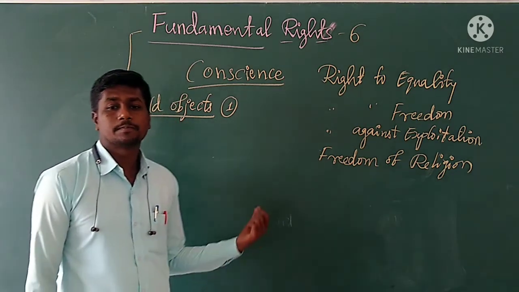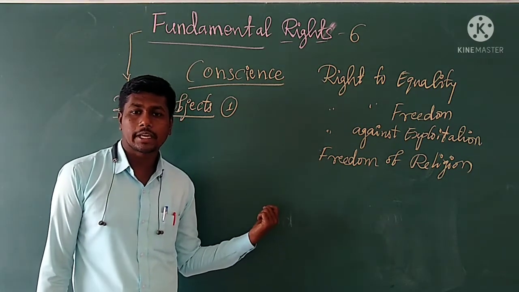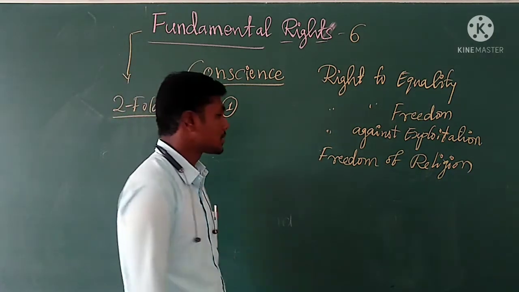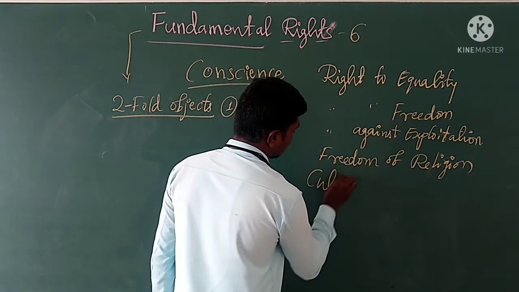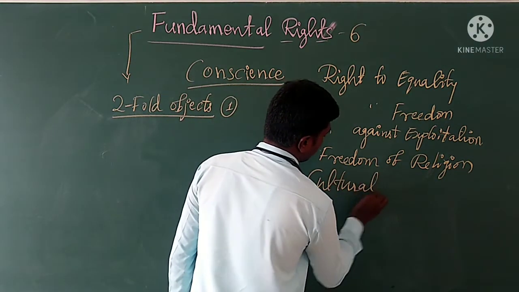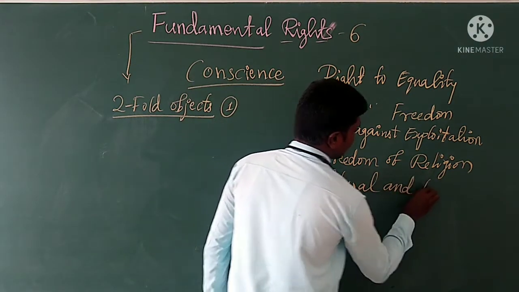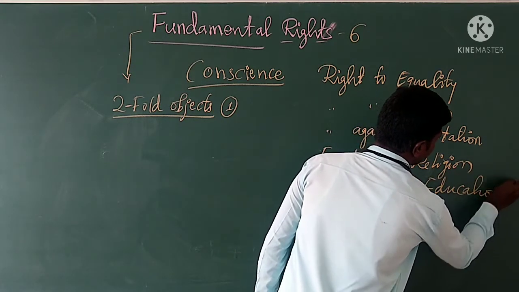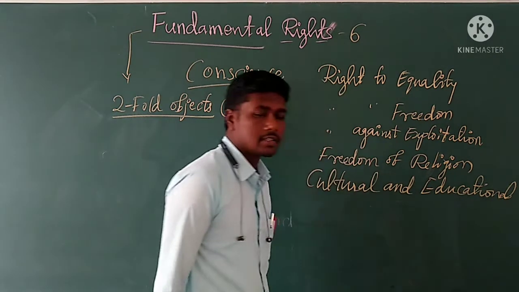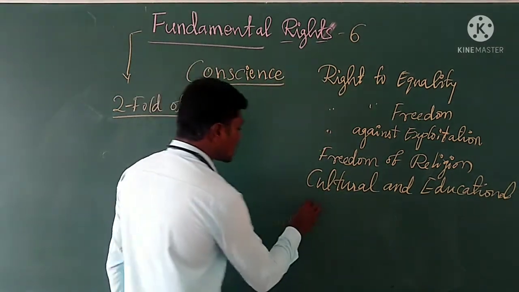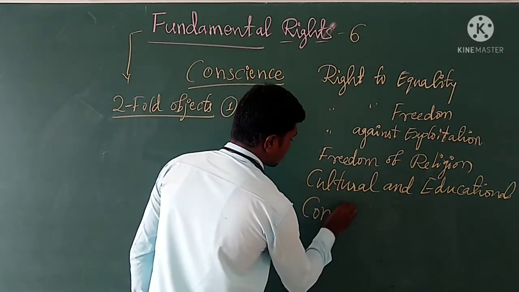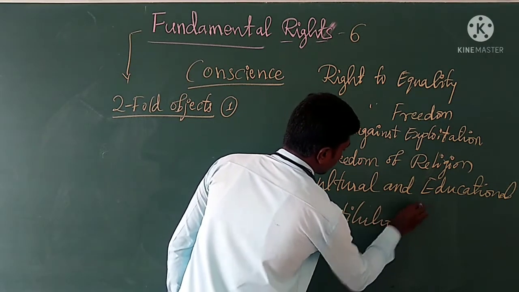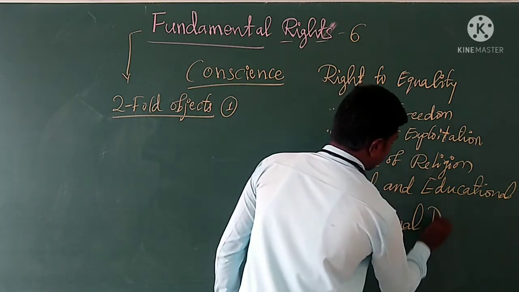Then the fifth one is cultural and educational rights. Then the last one is constitutional remedies.